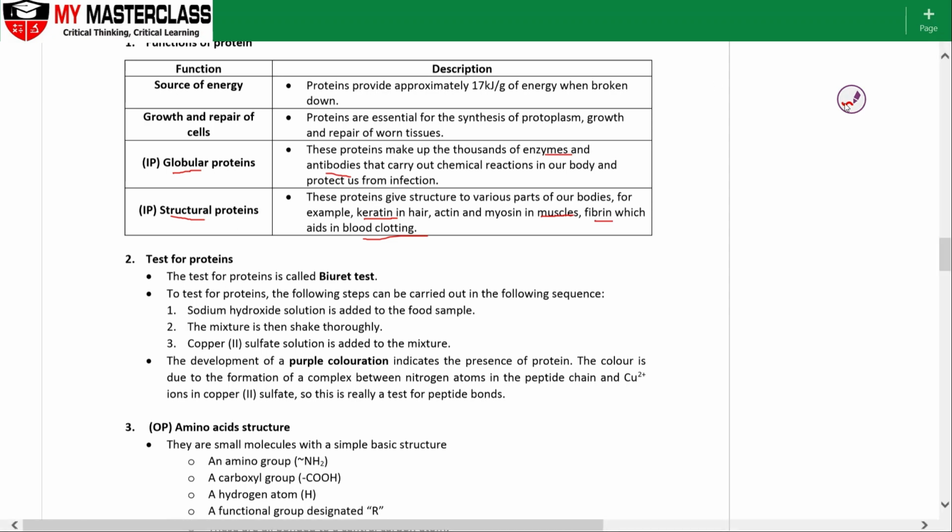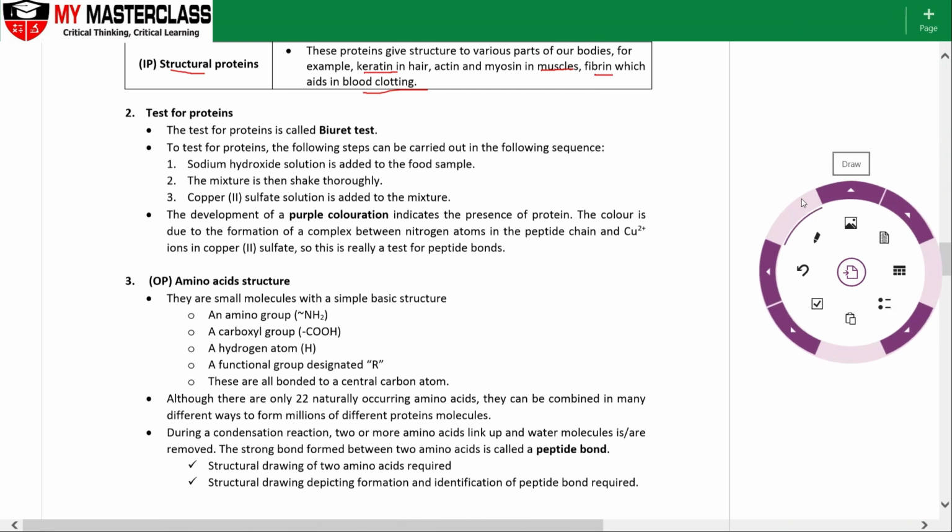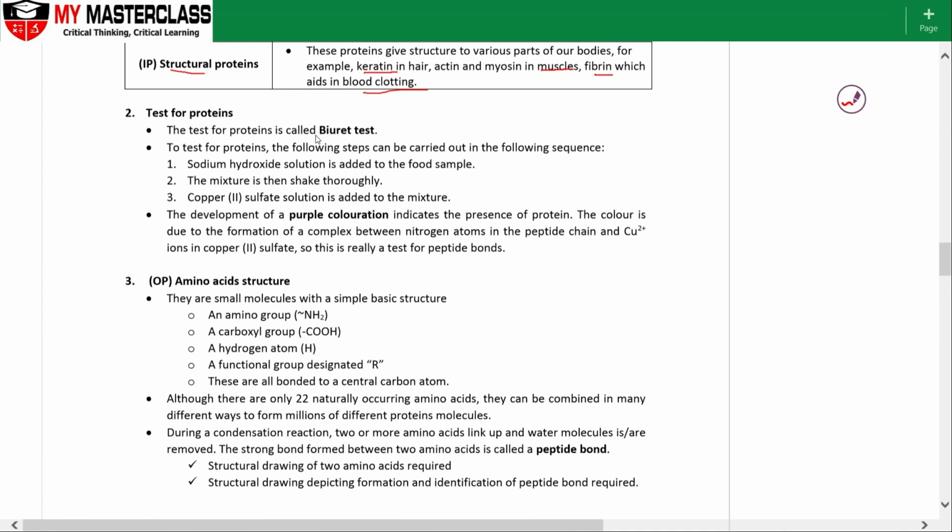Likewise to carbohydrates and fats, we can also test for proteins using the biuret test itself. For the biuret test, you have a small amount of food sample. Sodium hydroxide is added and shaken, and thereafter you add your copper II sulfate. Purple coloration indicates the presence of proteins.